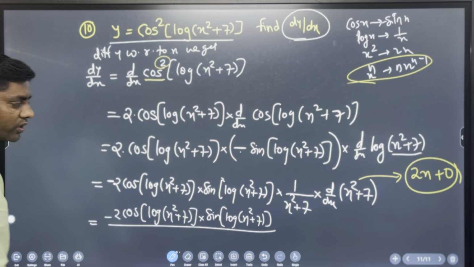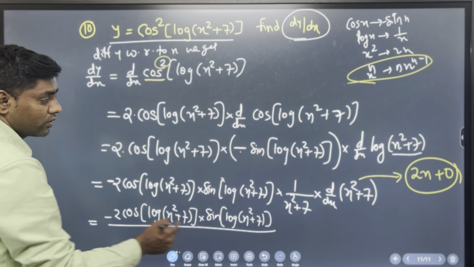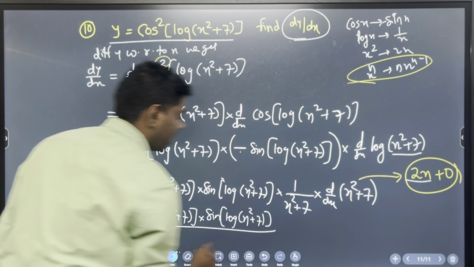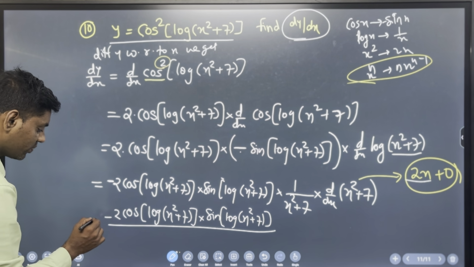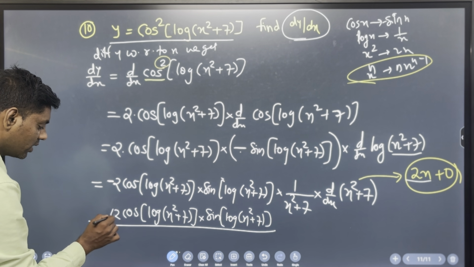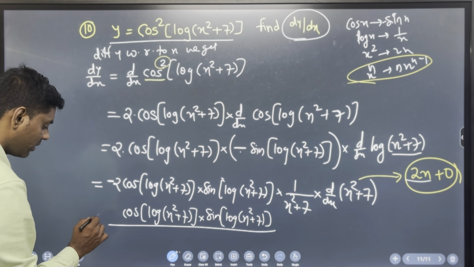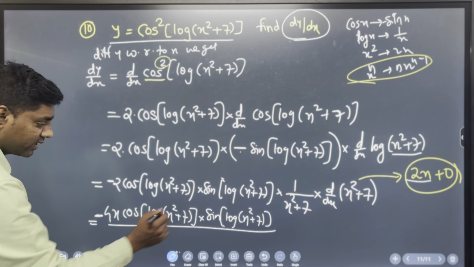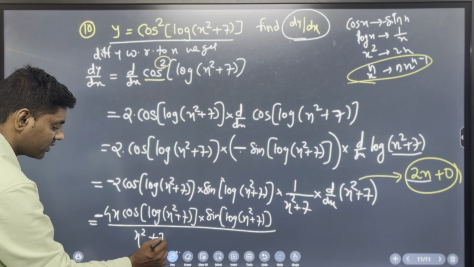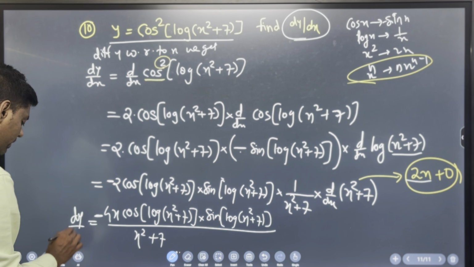Very simple question. Now we have 2x, and this 2x and this 2 become minus 4x. So here we write minus 4 times x, and the denominator as it is, that is x square plus 7, and now this is the term dy by dx.